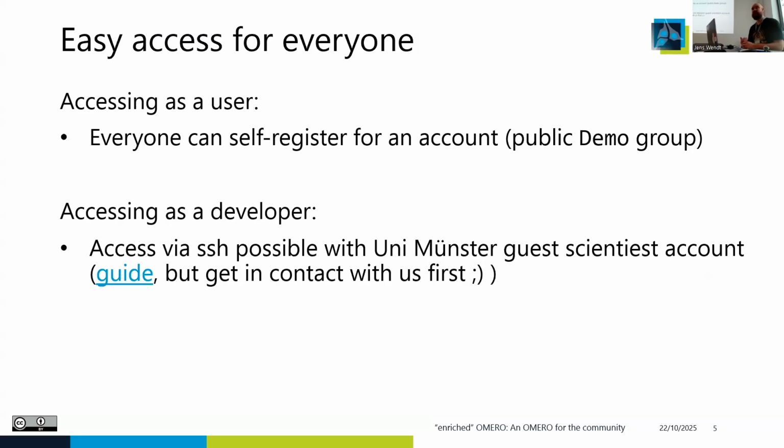So, for example, you need access to the virtual machine because you have to do some configurations for your plugin, or you have to install some more packages or set up a Python environment or whatever. That would be possible via SSH, jump host gateway via the Uni Münster thingy.